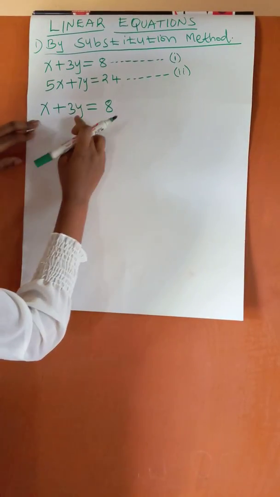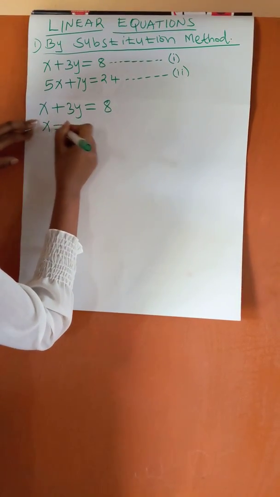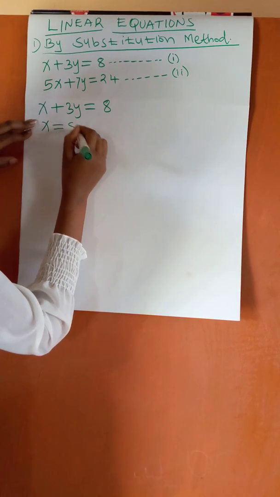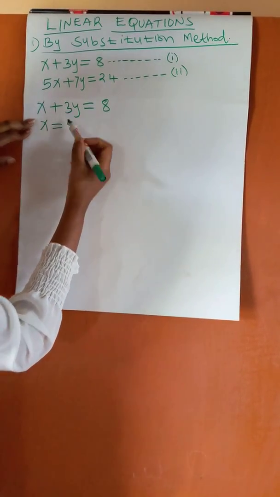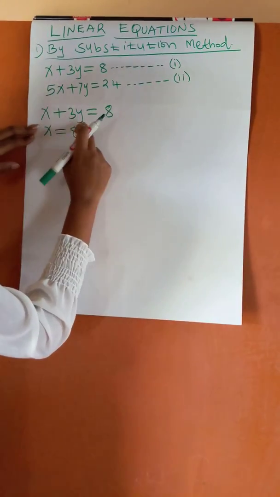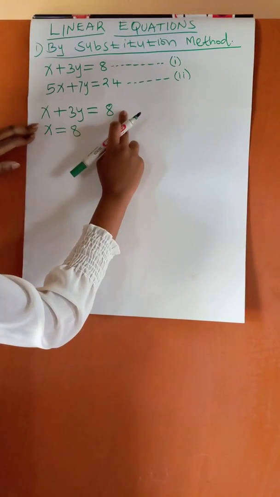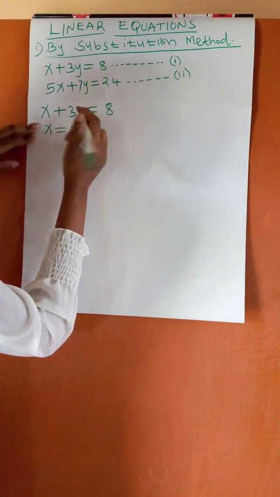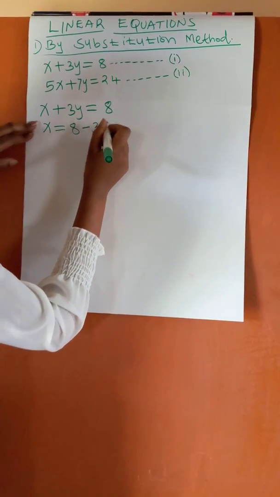So we write x in respect to these two, so that x becomes 8, then you have positive 3y. When you have positive 3y and you have an equal sign here, you cross it to the other side of the equal sign, so that you have minus 3y.